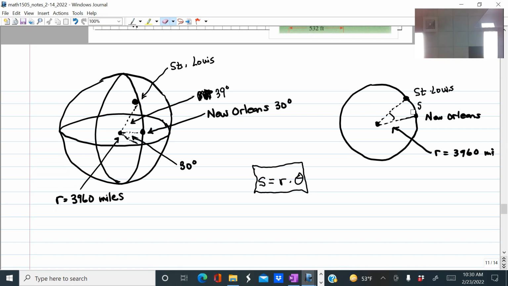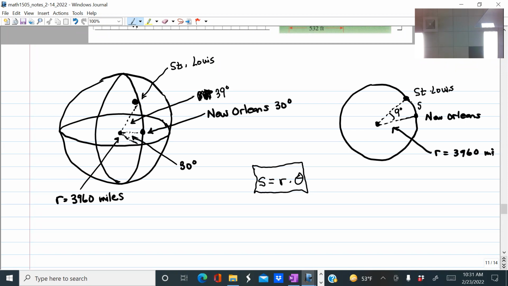So in this picture, this angle that has its vertex at the center there is 9 degrees.